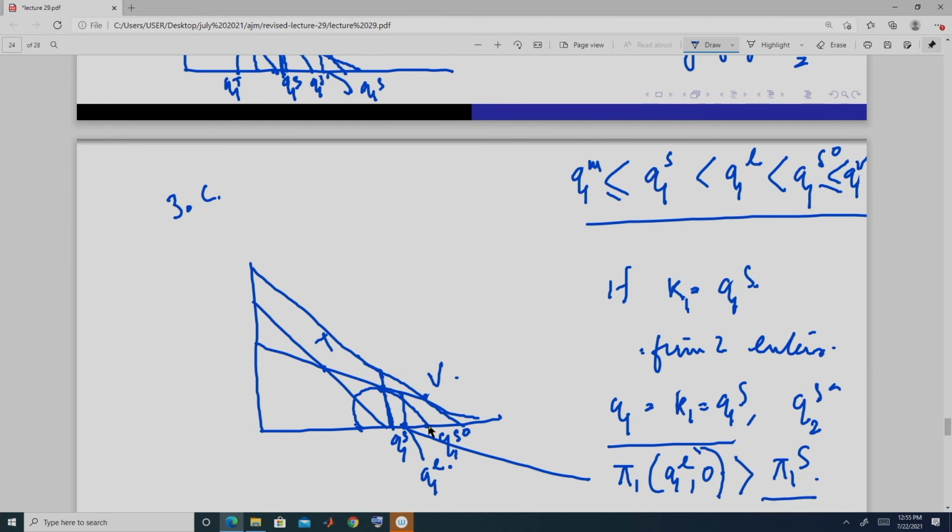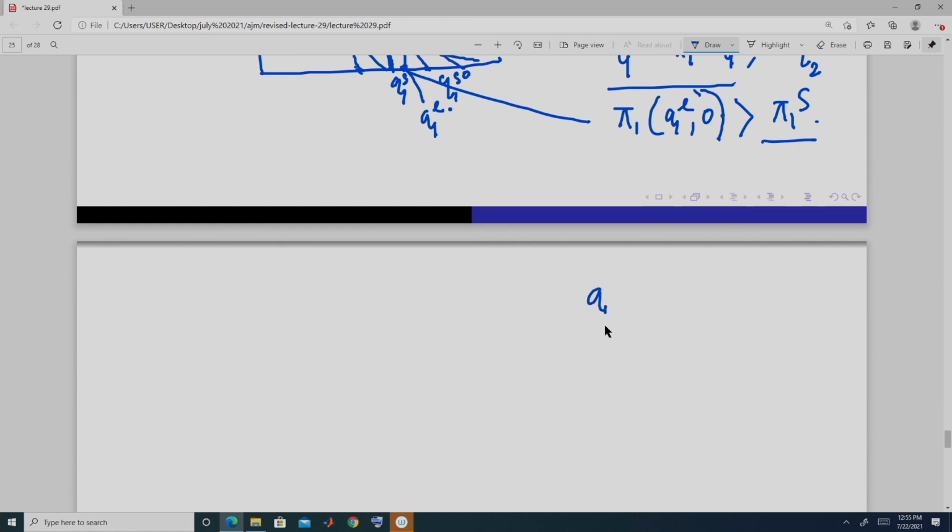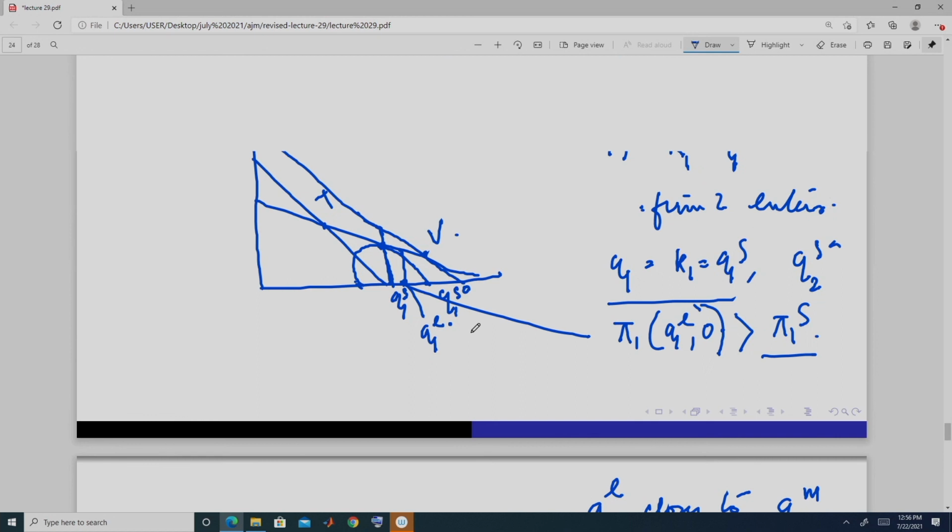So we get it from why it is greater, because this Q1 is closer to Q1M than Q1S0. So this is closer to Q1M, and here Q1S0 and Q1A is this.